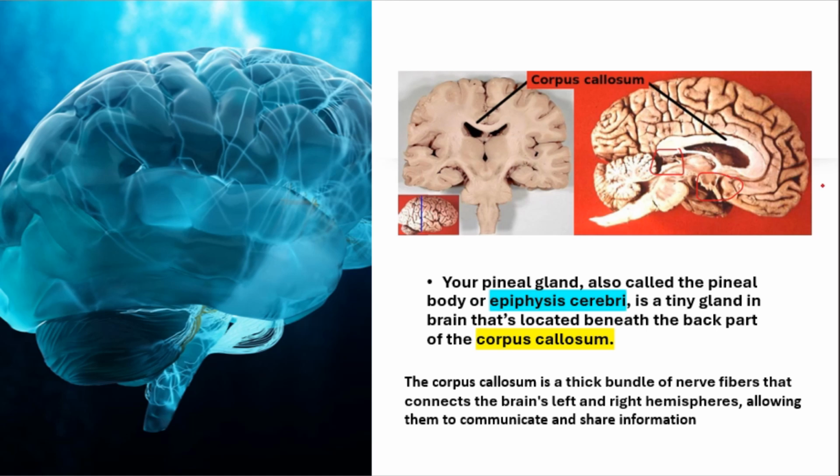So where is it present? It is at the back part of the corpus callosum, beneath the corpus callosum. Now let us see what the corpus callosum is. Corpus callosum is nothing but a bundle of nerve fibers that connects the two hemispheres, the left and right hemispheres.